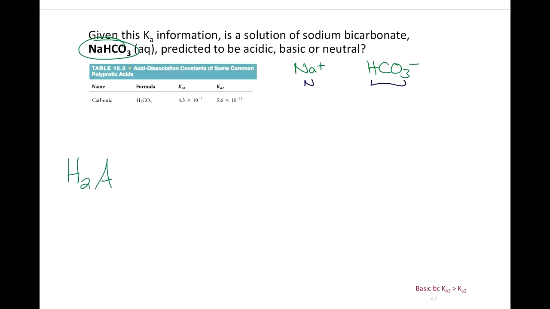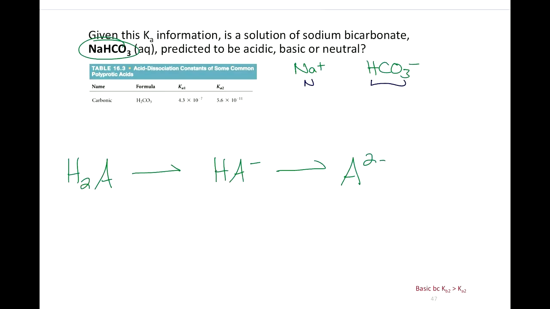I recognize that bicarbonate is part of the carbonic acid system, where we take off protons one at a time. So H2A, when that acts as an acid, makes HA minus. A is just carbonate. When HA minus acts as an acid, what do you make? A2 minus. So these reactions are the subsequent Ka values.